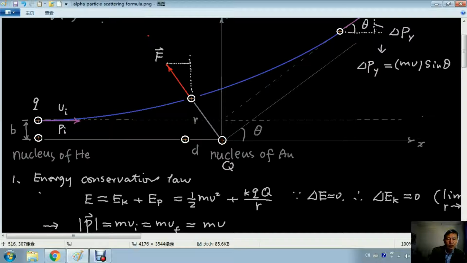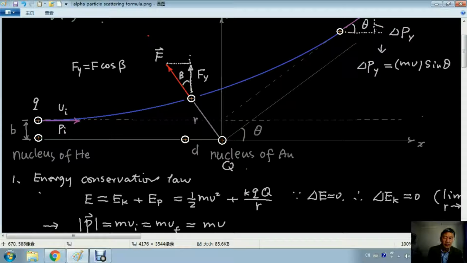So this will be our y component, and this side will be F y. If we introduce an angle here, let's call it beta, the y component of the force will equal the magnitude of the force times cosine beta.